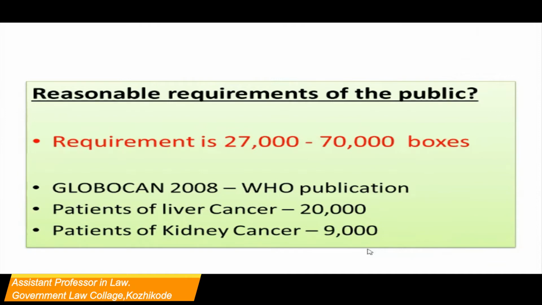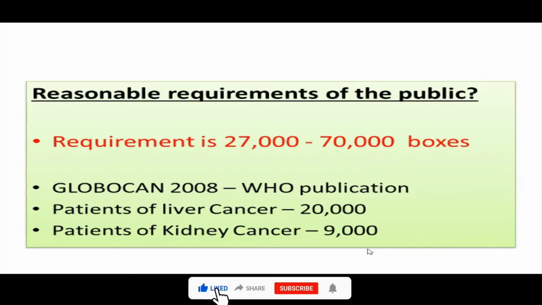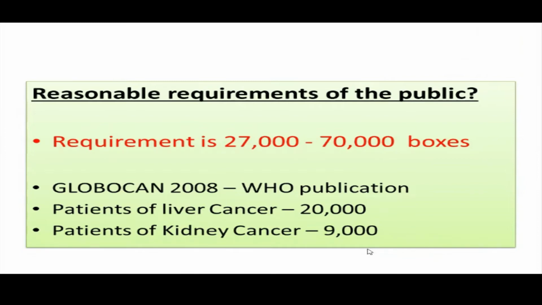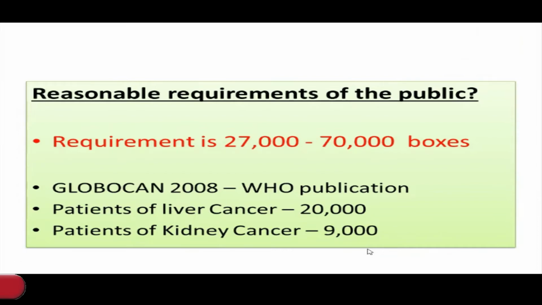The first question was with regard to the reasonable requirement of the public. The reasonable requirement of the public was between 27,000 to 70,000 boxes. Globocan 2008, a WHO publication, has done a study with regard to this, and it is as per that study that the requirement has been assessed.